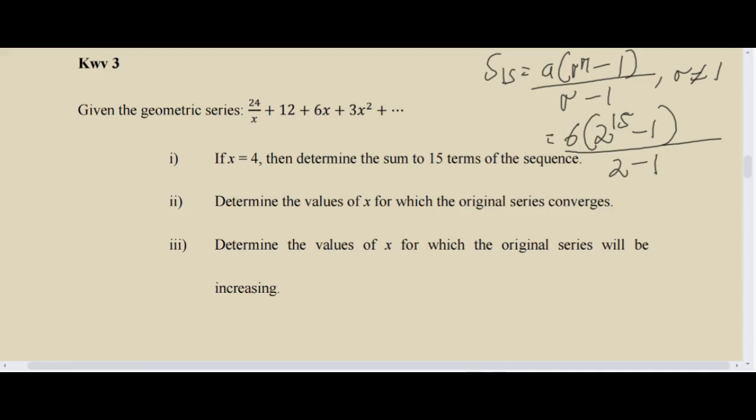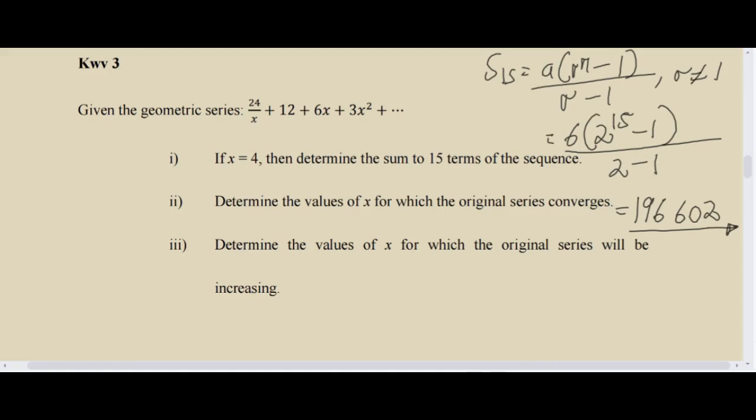If you punch all that into a calculator, it gives you this big number here, which is 196,602. So guys, it is quite normal for you to get such big numbers when you are dealing with a geometric series. This should not in any way intimidate you.